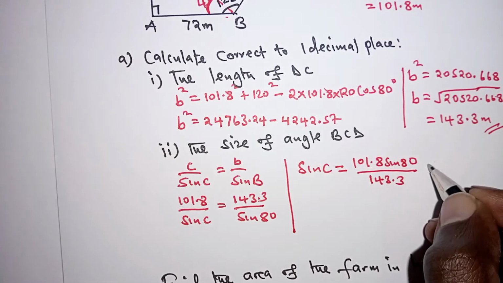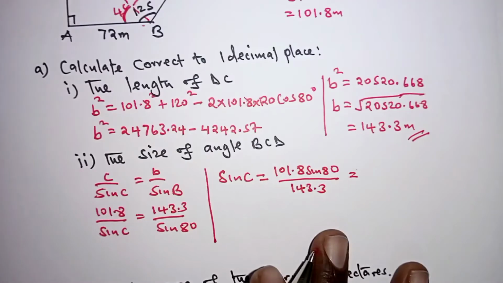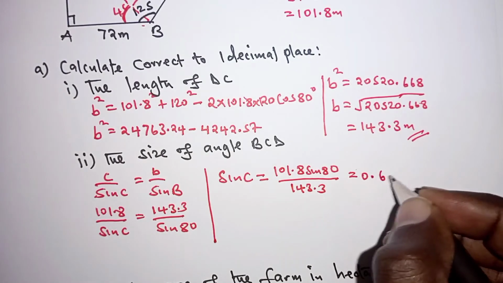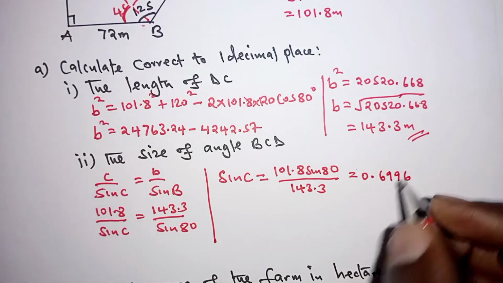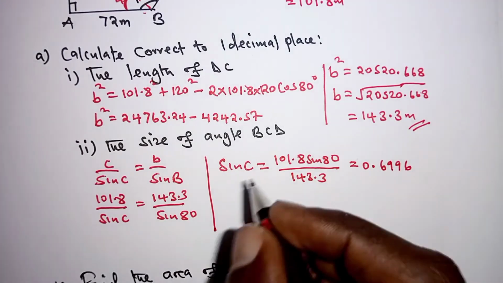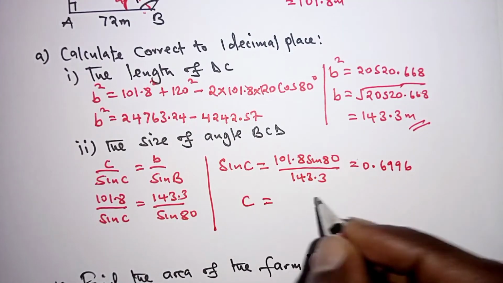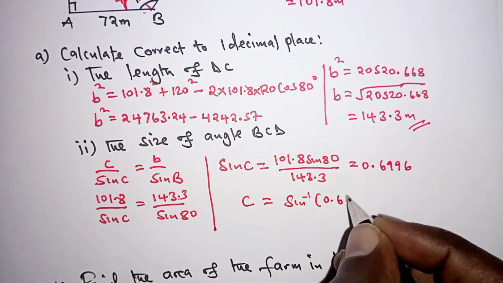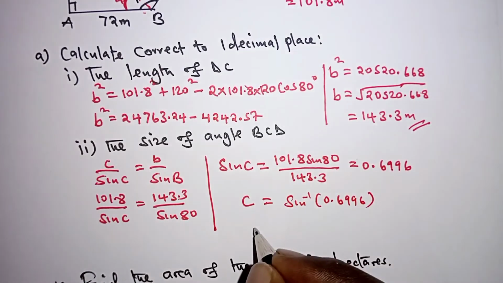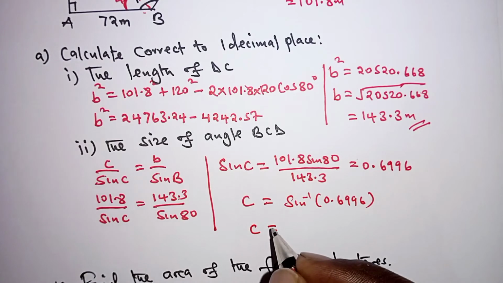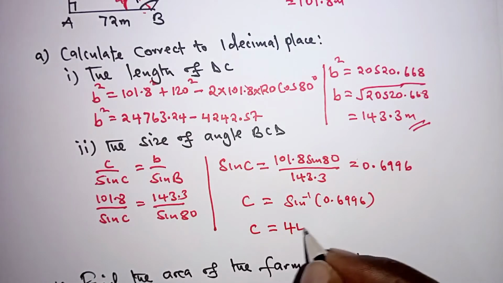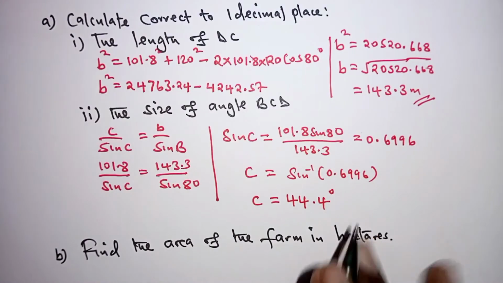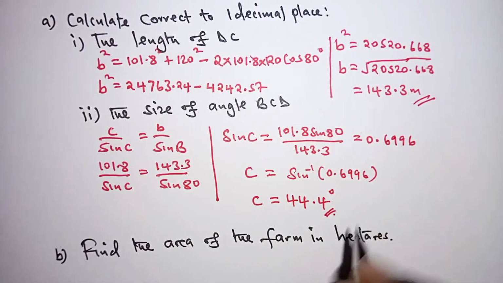And this means when you work out this, you'll be able to get 0.6996. And then from here, we can therefore get C. C is the sine inverse of 0.6996, and angle C is therefore 44.4 degrees, correct to 1 decimal place.